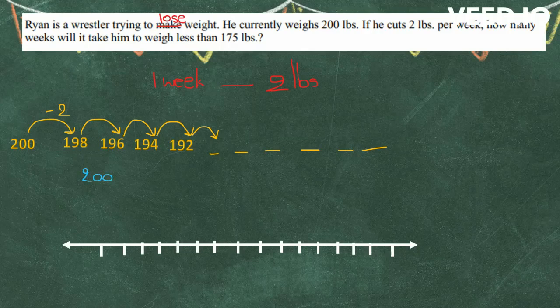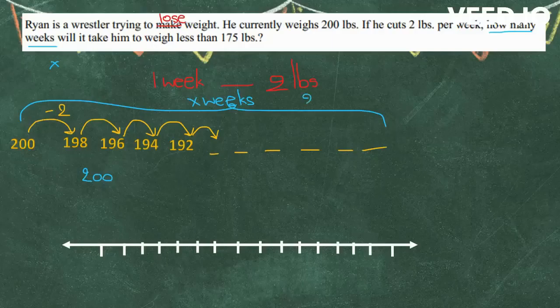From 200 he is losing weight. For x weeks, suppose he loses 2x, for x number of weeks, 2x pounds.